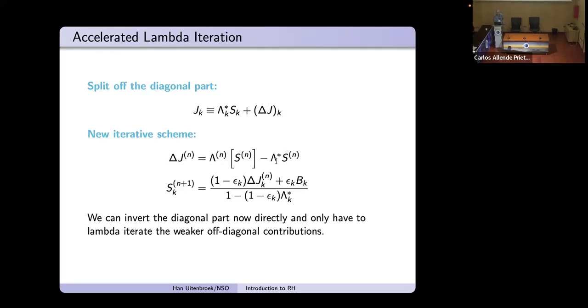And if you now choose the lambda star operator to be a local operator, then you can find a much better next guess by working out this equation. It's just simple algebra to get this solution, given that this lambda star is a local operator.